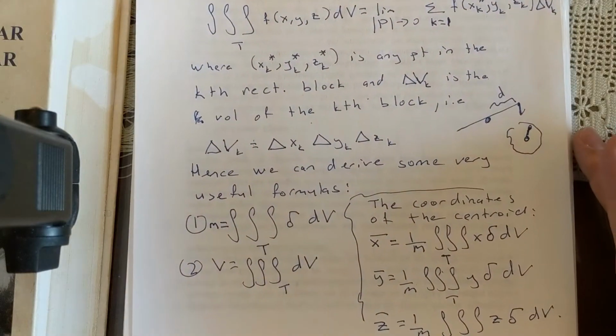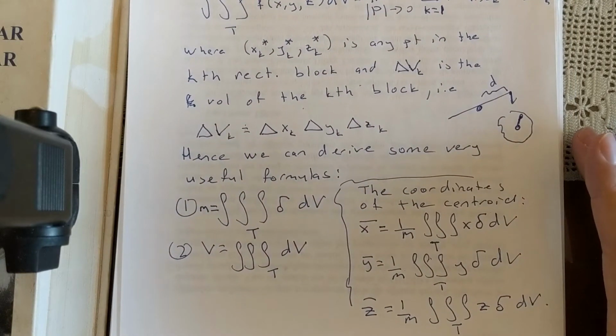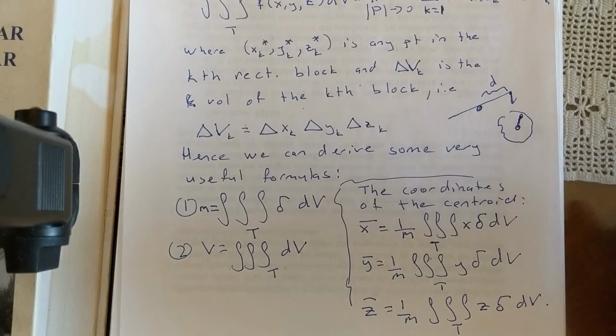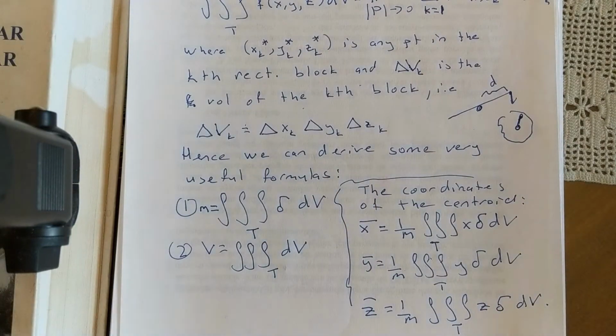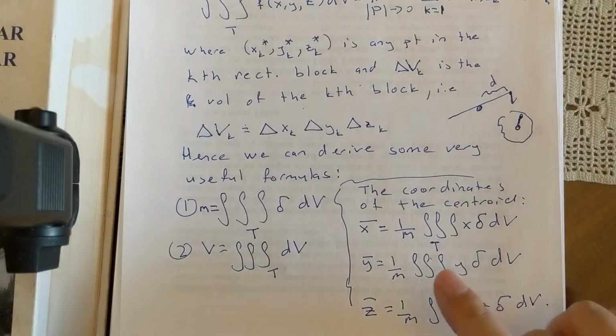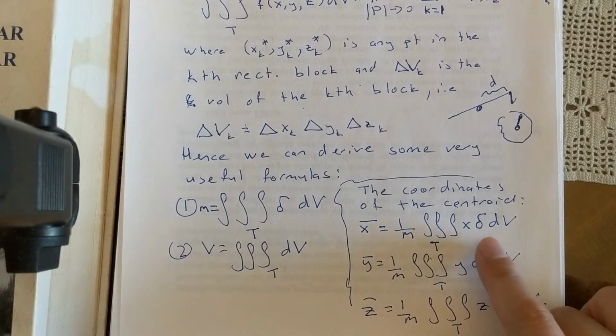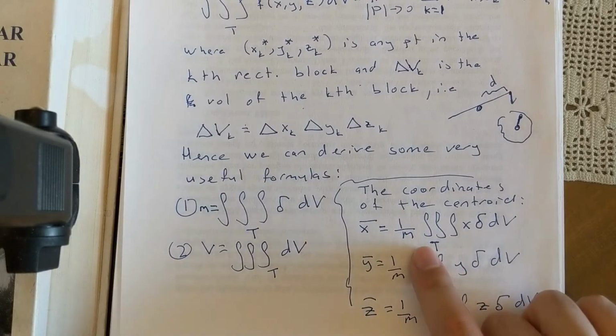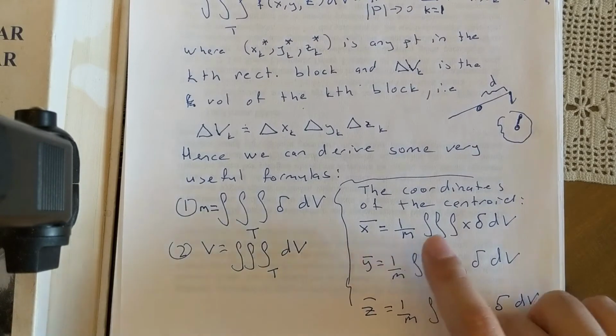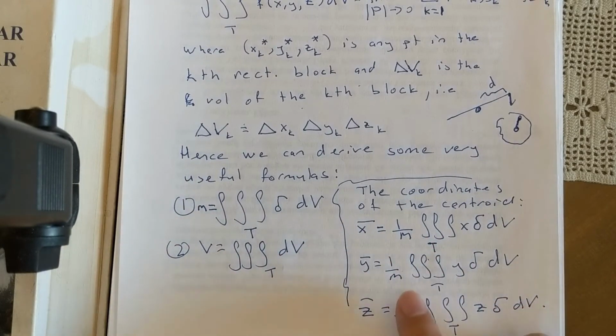And we could do the centroid, the center of mass for engineers. You get the x coordinate of the center of mass by taking the triple integral of x times the density dV and dividing it by m. I'll talk about why we're doing this in a second.